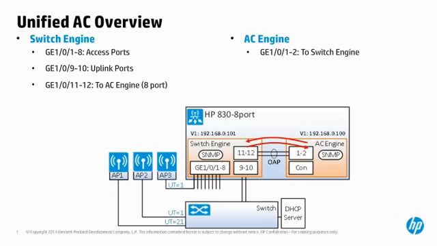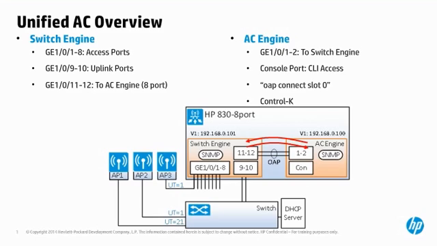With the 830, each engine runs a separate COMware-based OS with separate SNMP agents and management interfaces. The console port connects to the AC engine. You can then use the command OAP connect slot 0 to access the switch's engine CLI. Use Control K to return to the AC.